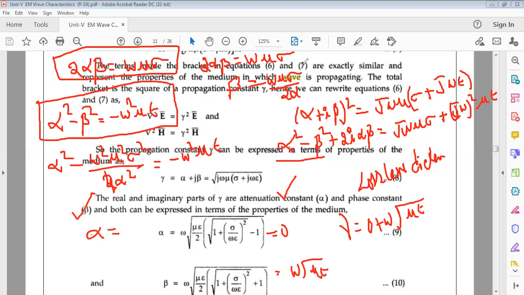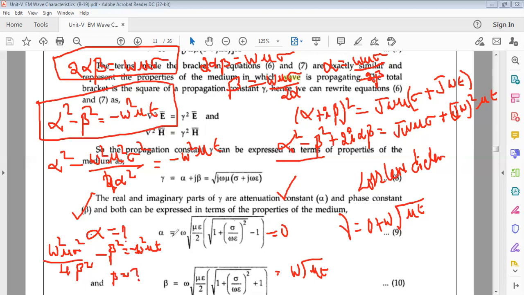To get the beta, alpha is equal to omega mu sigma by 2 beta. Substitute here, alpha in terms of beta: omega square mu square sigma square by 4 beta square minus beta square is equal to minus omega square mu epsilon. So simplify this equation to get the beta.